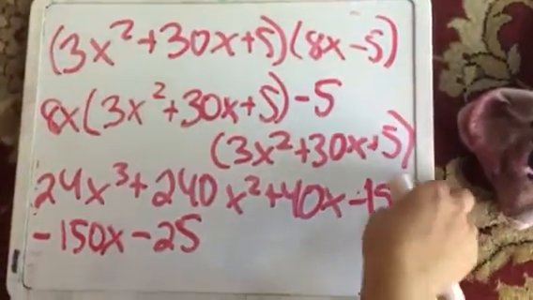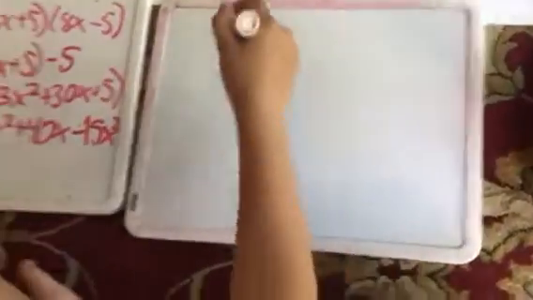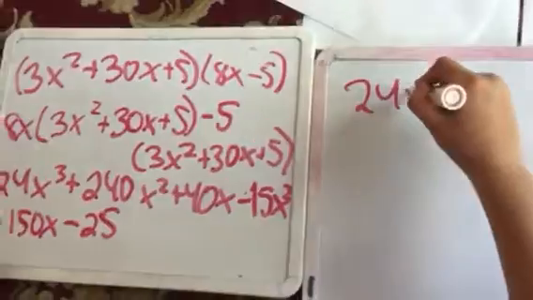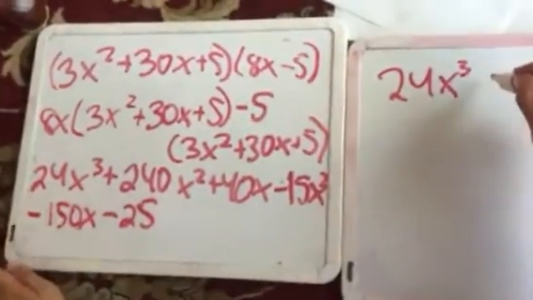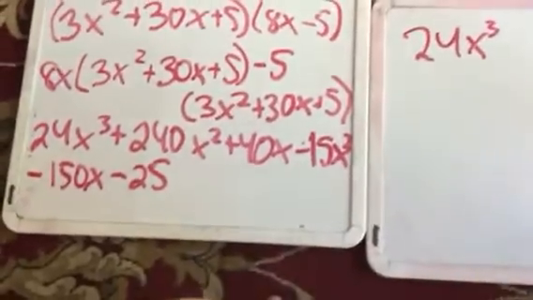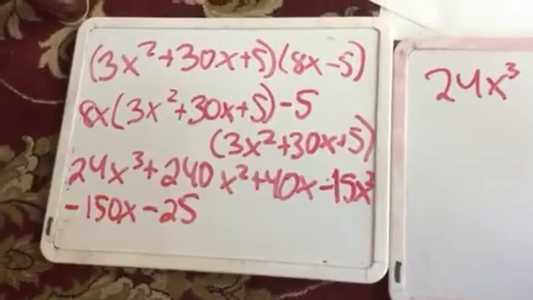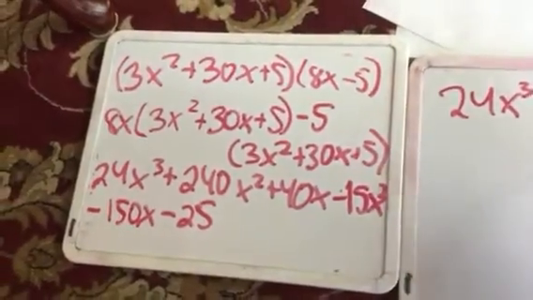So after we combine like terms, we would get 24x cubed plus, so we have to combine 240 minus 15, which is 235.